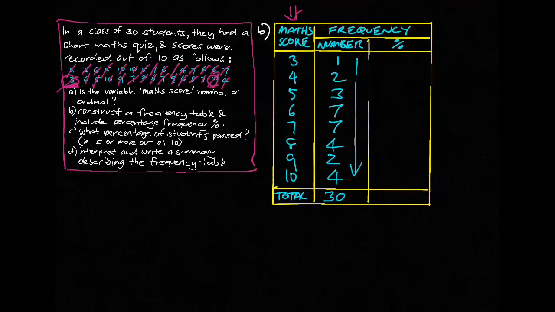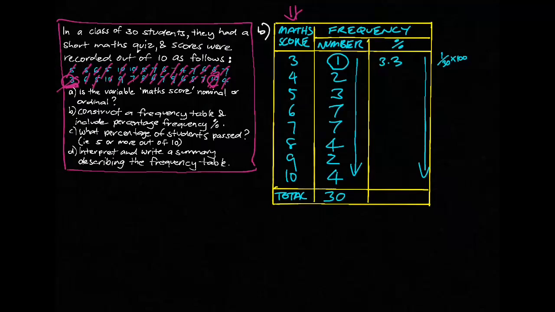And now we work out the percentage frequencies in this column. Let's look at maths score 3. There's 1 person got a score of 3, so the percentage is 1 out of 30 times 100 to turn it into a percentage, and that gives you a value of 3.3 to 1 decimal place.